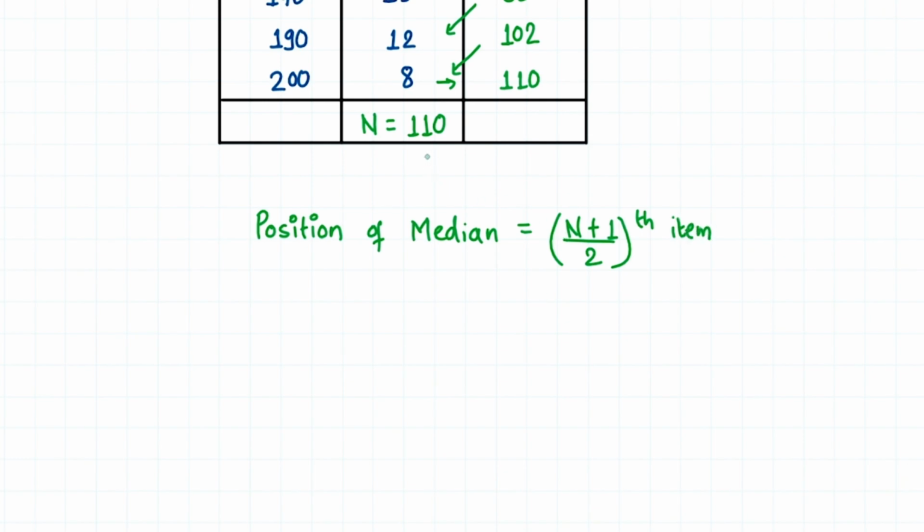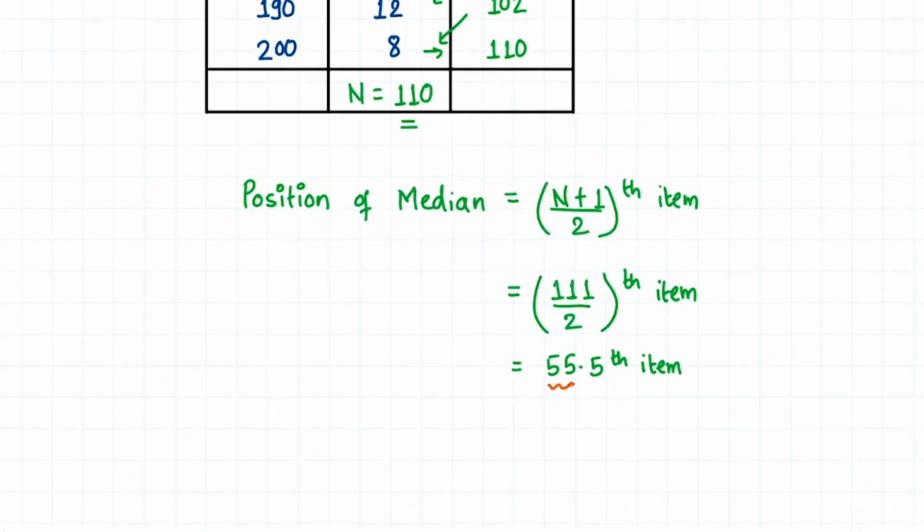So again, we have our n as 110, right? So we are going to get 110 plus 1 is 111 divided by 2 th item. This is going to be equal to 55.5th item. So this is our position of median, okay?